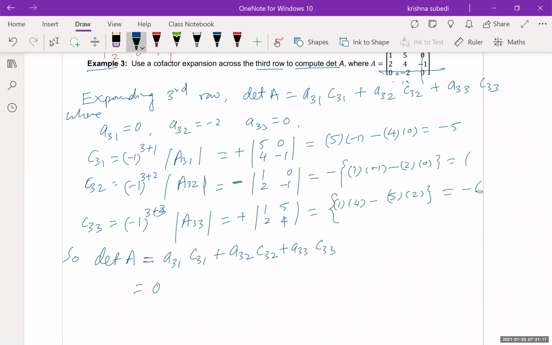A31 is 0, C31 is -5, plus A32 is -2, and C32 is 1, plus A33 is 0, C33 is -6, which gives me -2.